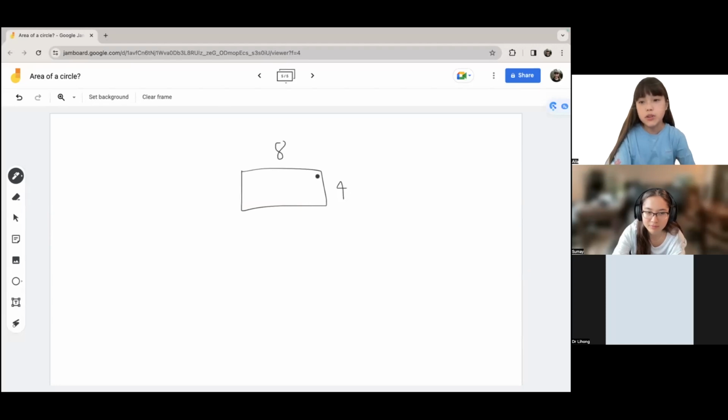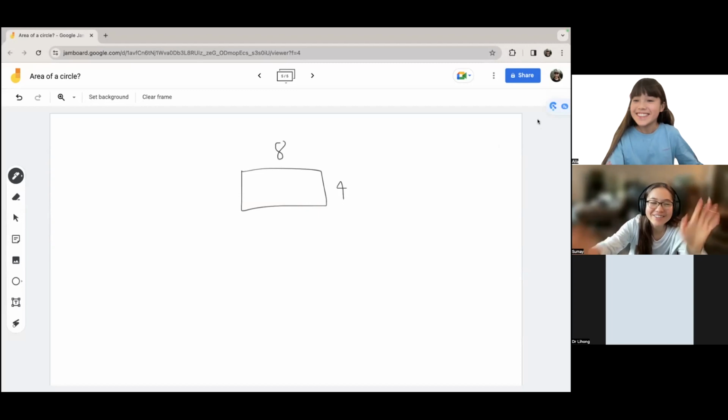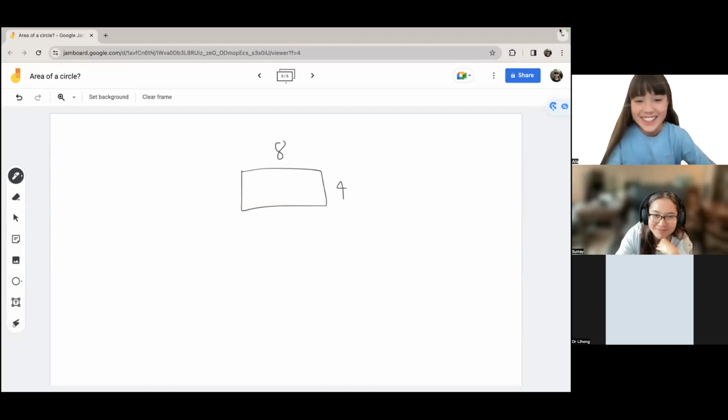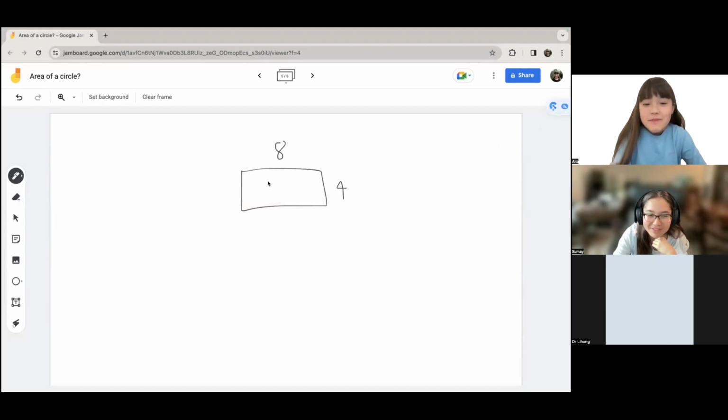And then you multiply that, right? 8 times 4. What's 8 times 4, everyone? 32. Yeah. So this rectangle would have the area of 32.